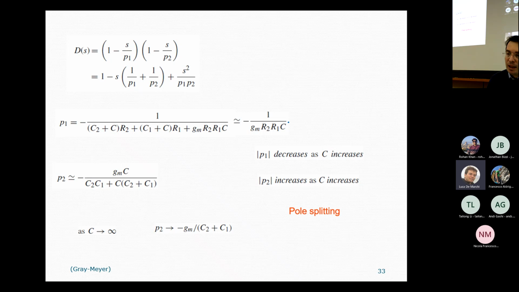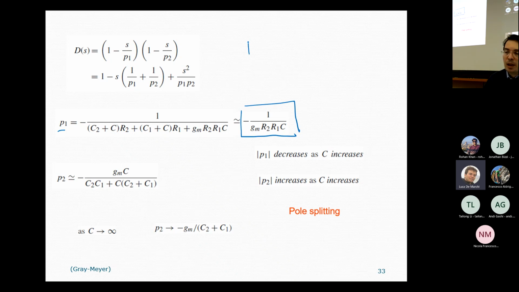So we went through the calculation of these poles and we found that the dominant pole is approximately given by this expression here. If you remember, this is also called the Miller pole.